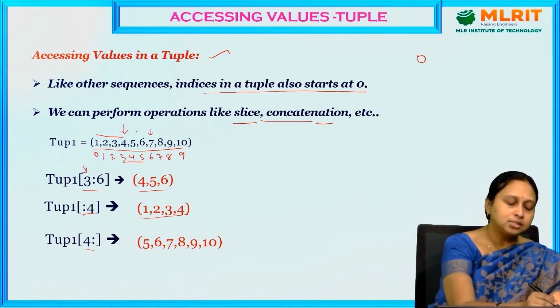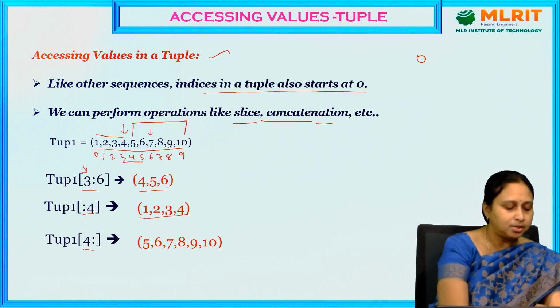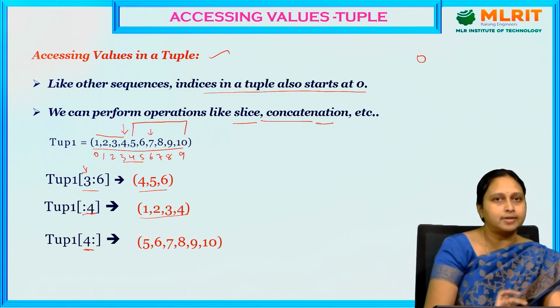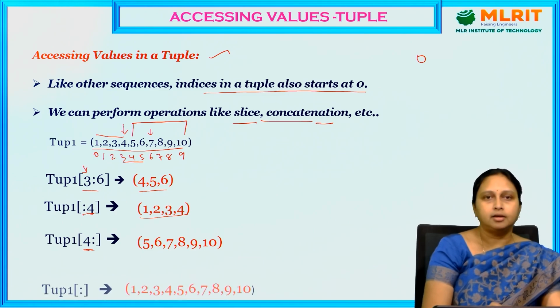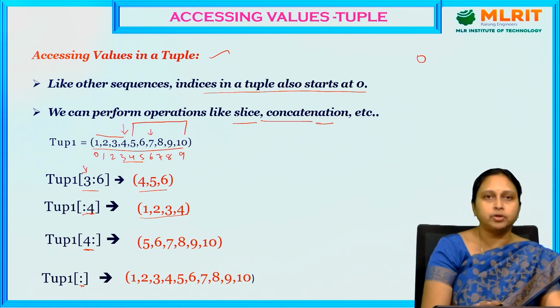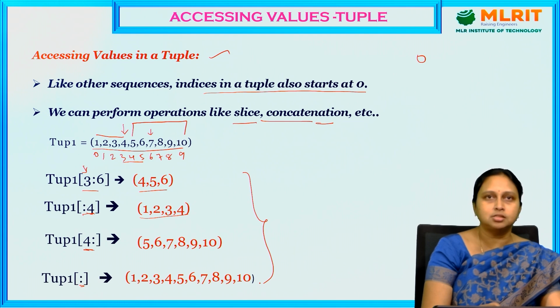That means from here to here, all the elements will be printed. The first represents the starting position, and the second represents excluding the last position. And the last one, when I specify just a colon, it displays all the elements in the tuple. These are a few operations we can see with the tuple.